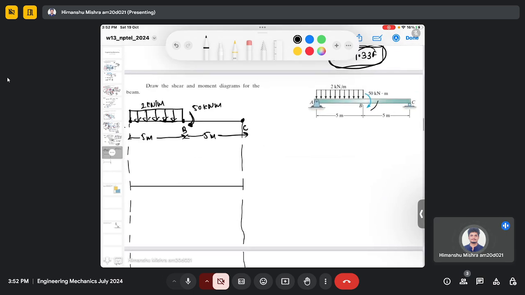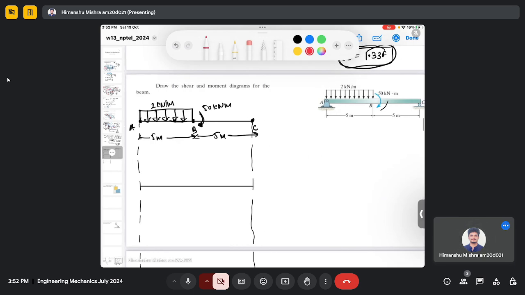So first we need to determine the reaction forces. There will be a reaction at AY, and here there will be the reaction CY.